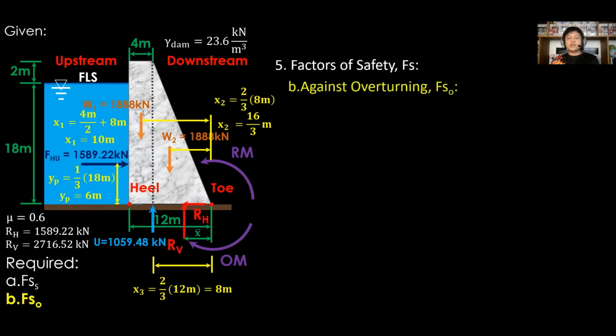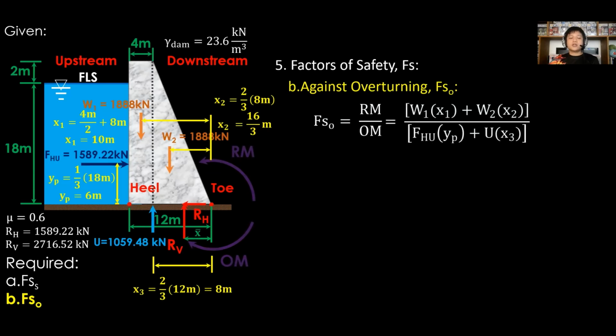Second is against overturning, or Fs sub O. Fs sub O is equal to RM over OM. Resisting rotation moments are due to weights, while responsible for overturning is the moment due to hydrostatic forces.